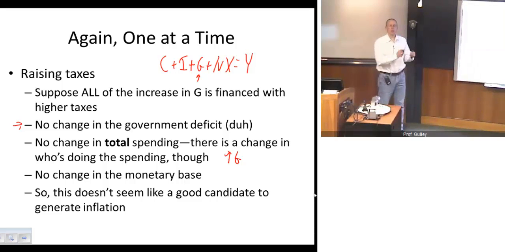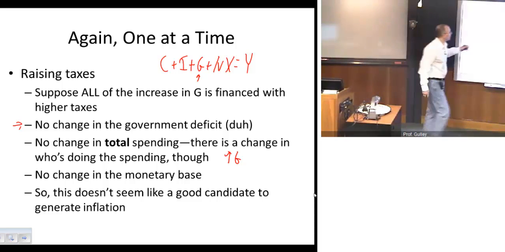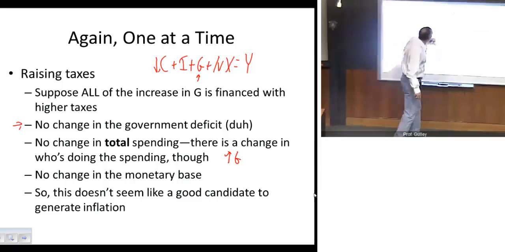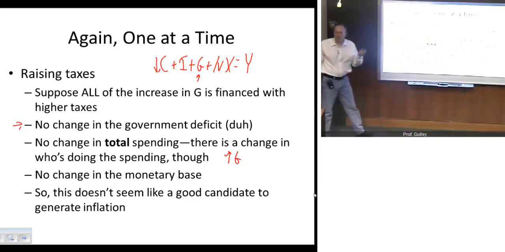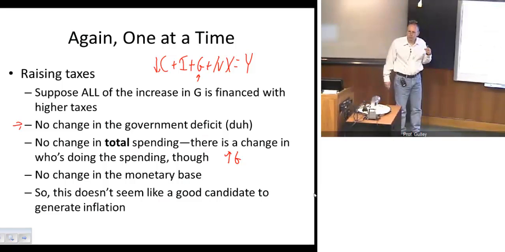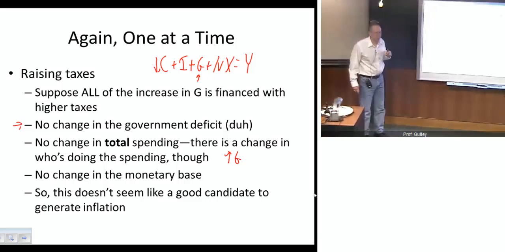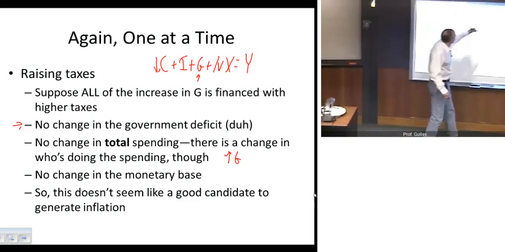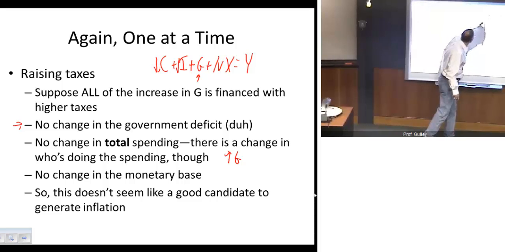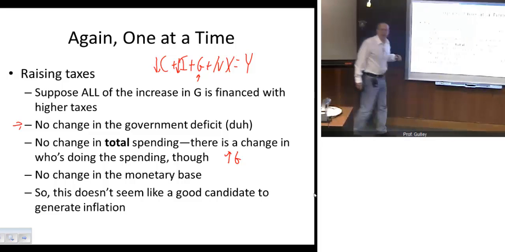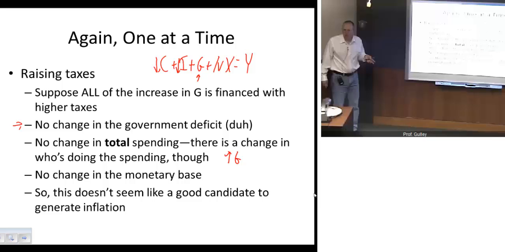Because think about this. In order to generate $1 billion worth of tax revenue, what probably happens is that it reduces spending in the private parts of the economy. For example, that might reduce consumption spending. As some of our income gets taxed away, we reduce consumption. That might reduce C. If they raise taxes on companies, investment might decline possibly, for example.